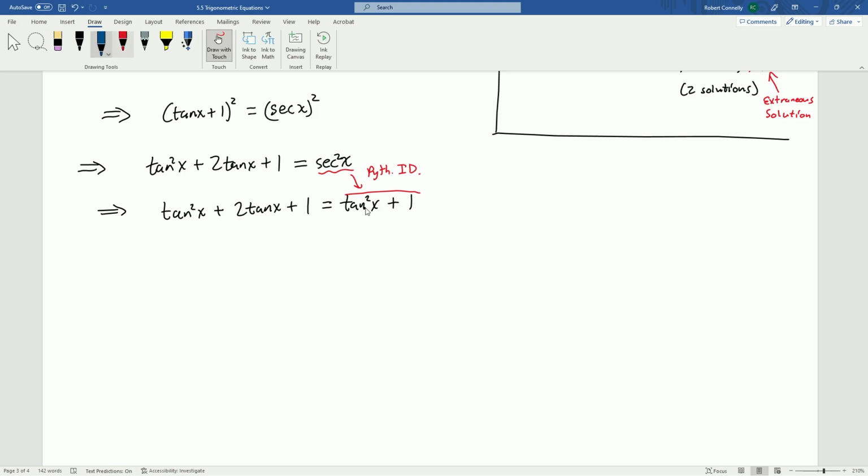So now what do we notice? Well, we can subtract tangent squared of x from both sides of the equation and 1 from both sides of the equation. And that gives us 2 times tangent of x equals 0. But that's the same thing as saying tangent of x equals 0. And we know that all solutions for tangent of x equals 0 are just multiples of pi.